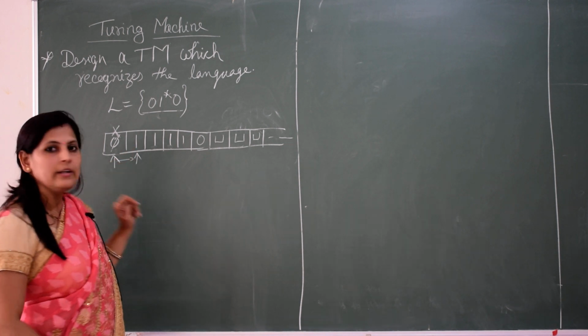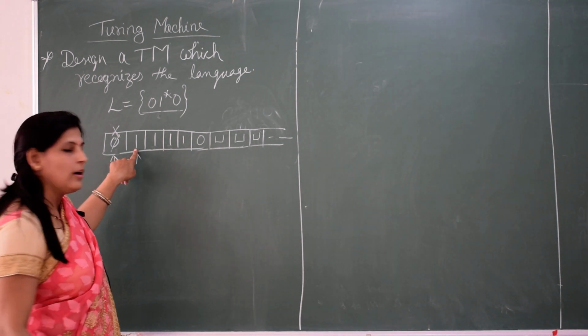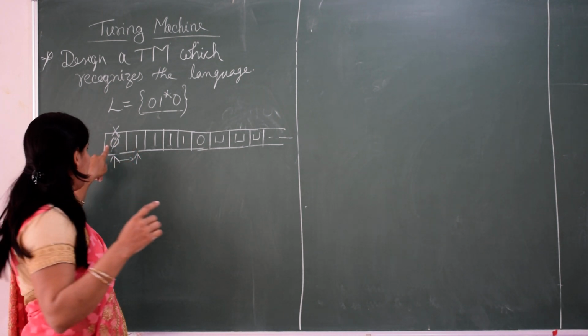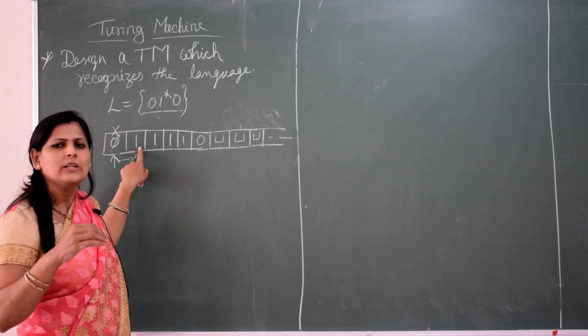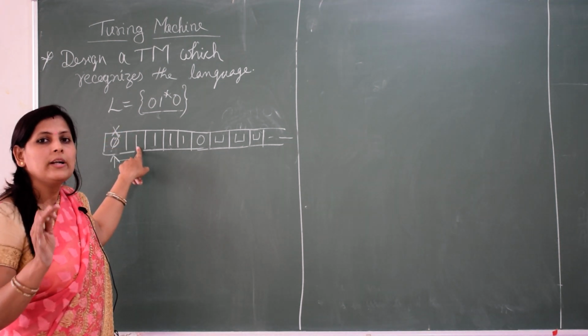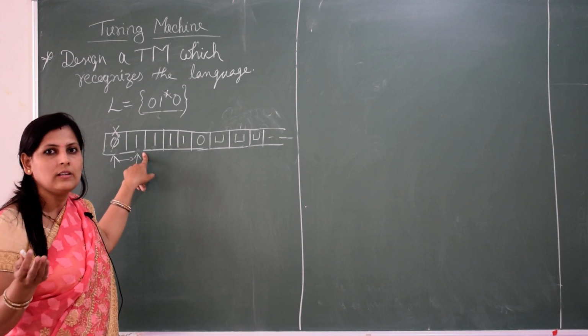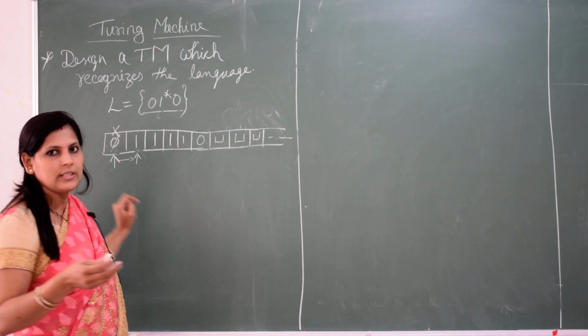Then it will read another input, that is 1. This is a different alphabet. Before it was 0, now it is 1. You can update with the same alphabet also, that is X, but then you can't differentiate which one you have updated. So, it is better to change the character.